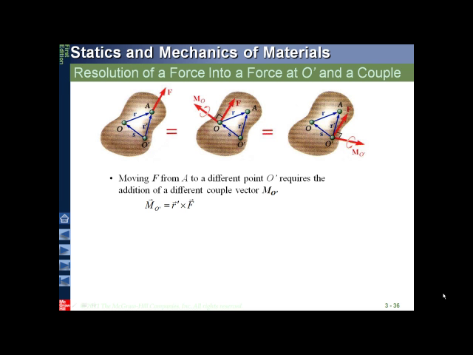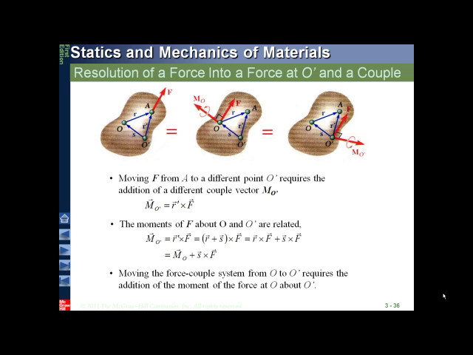There's another one similar to this where we again resolve a force into a force and a couple, and this time it can be at a different point. The long and the short of it is, if we're going to use a different point, we are going to move the force F to a new point. They're calling this point O prime.